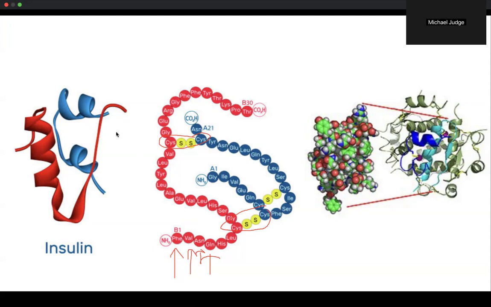Now, all of that folding makes a shape that, again, may look kind of crazy, but is very consistent. In this case, the shape that you're looking at is insulin. So insulin, you all have genes that code for insulin.